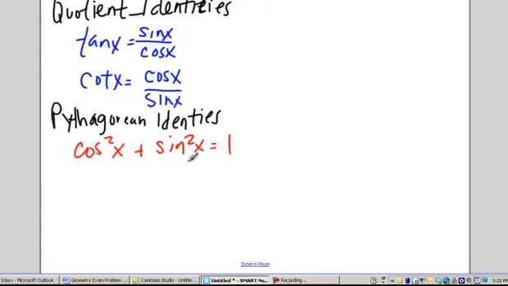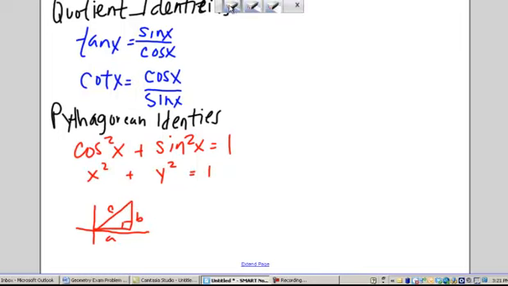Now, for those of y'all that are loving pre-cal, remember, I told y'all cosine's like your x value, sine is like your y value. Okay? So this is kind of like what we've been doing with a squared plus b squared equals c squared. Remember, 1 is our radius for the triangle. But if y'all don't remember that, then completely ignore what I just said.